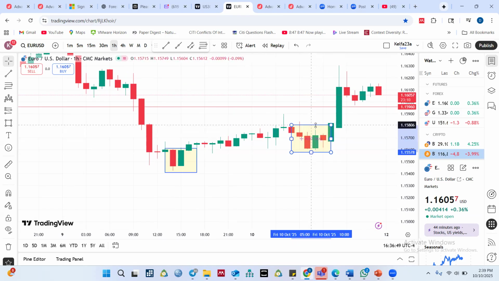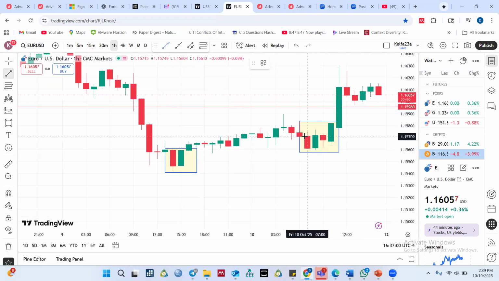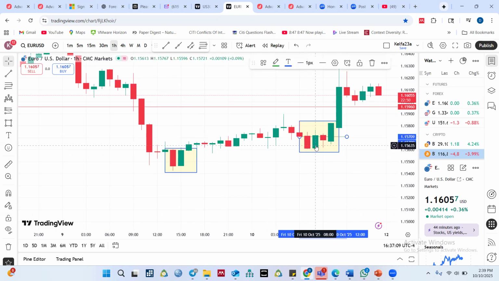And let's extend it to this green candle on this side. If we take this last red candle before the green one came in, we can see that after this red candle, the green one engulfed up to the high or the head of the red one.